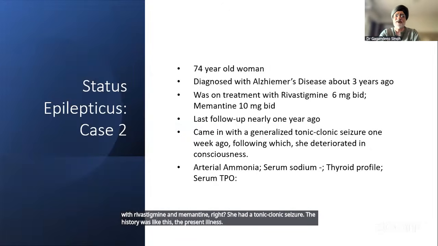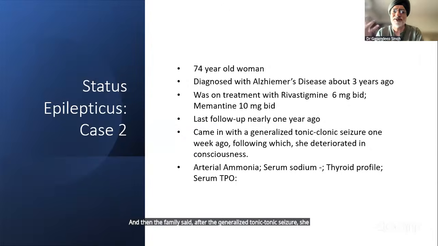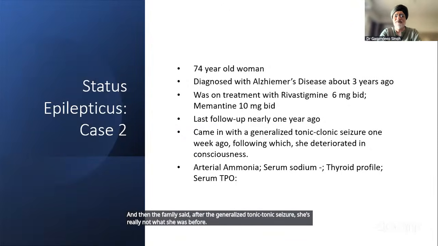She had a generalized tonic-clonic seizure a week ago. And then the family said after the generalized tonic-clonic seizure, she's really not what she was before. She's really very drowsy, sad, unresponsive.